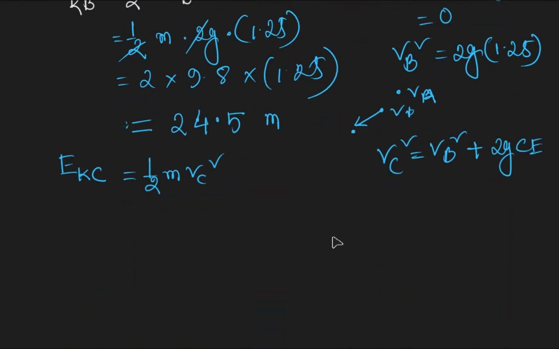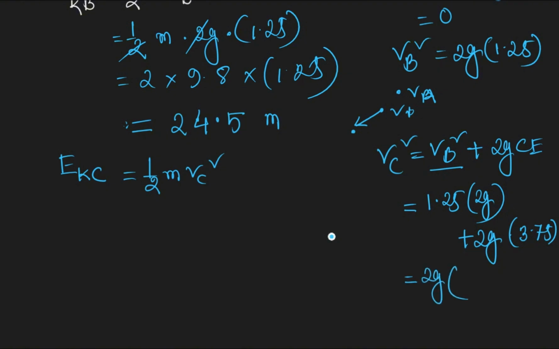Now plug in VB square, which is 1.25 times 2g, plus 2g times CE, which is 3.75. Or we could write 2g times 4 and here 5. So VC square is 10g.